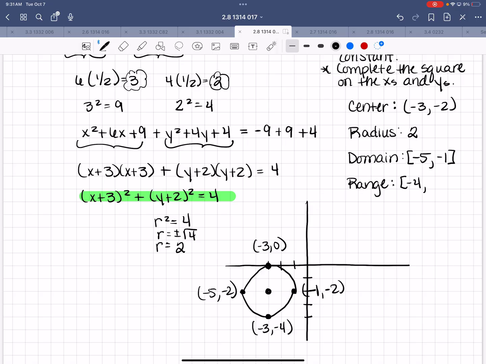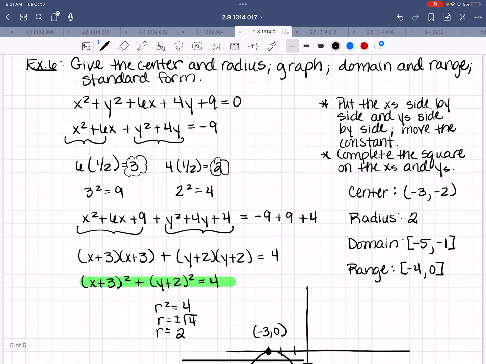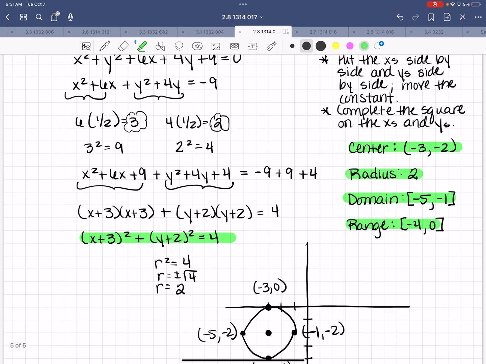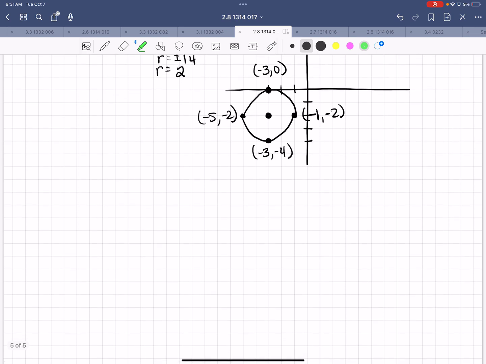And then what's my top? 0. Good. Okay. So let's see if we wrote them all. We've got center, radius. Yep. We got the graph. We got domain. We got range. And we got our standard form. Good job. That was example 6.